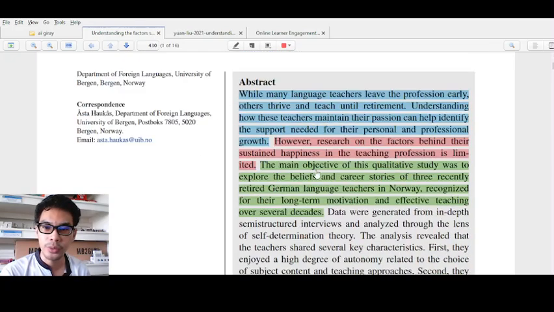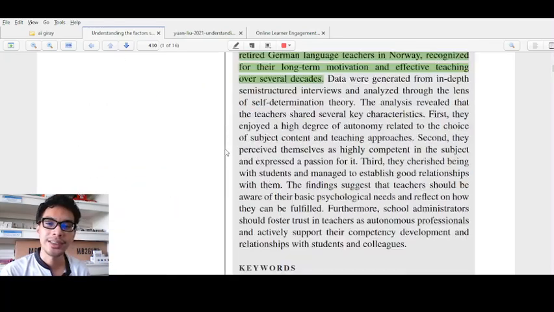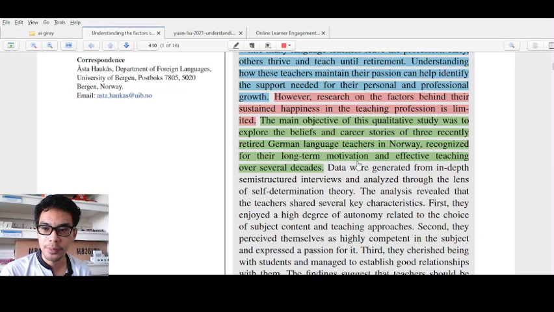Okay, and then this is related to understanding the factors. But very important, that you do not go away from what you're looking for. Some students have this problem.